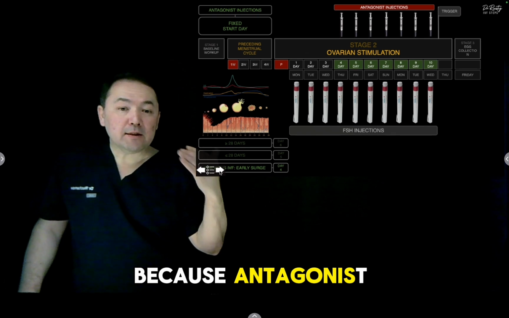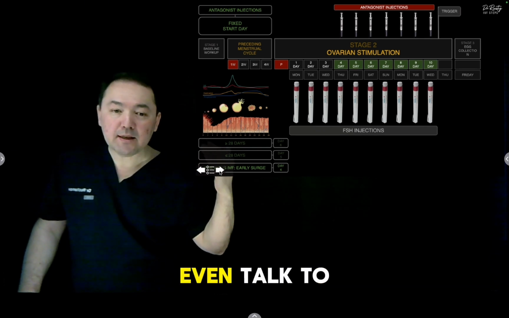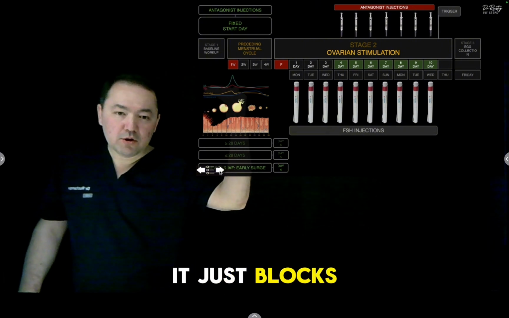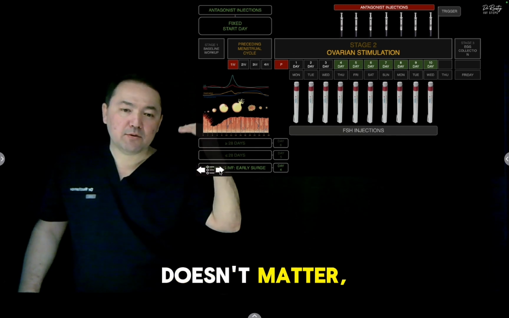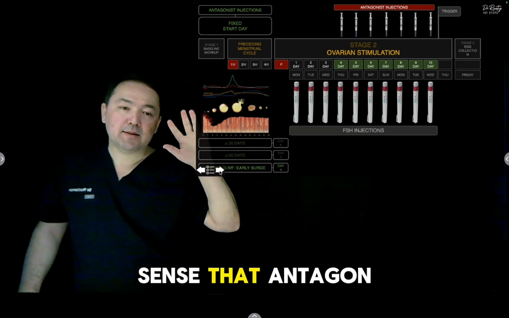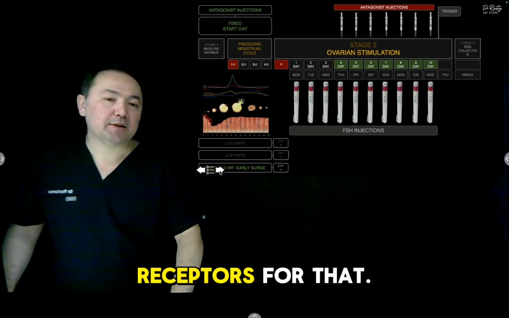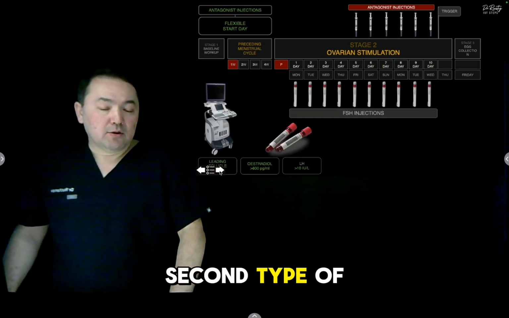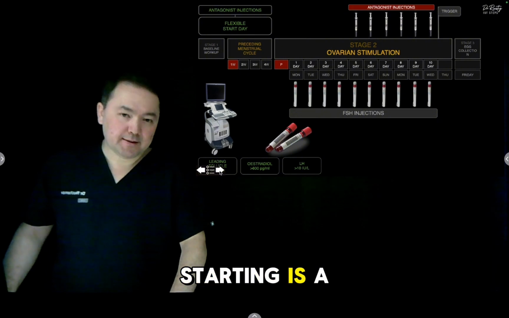Because antagonist doesn't impact your ovarian stimulation. It doesn't even talk to your ovaries. It just blocks your pituitary gland. So you can start on day 4, day 5, day 6, it doesn't matter. You have the same outcome because your ovaries do not sense that the antagonist drug is there, because they don't have receptors for it.